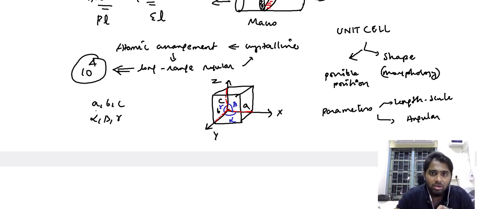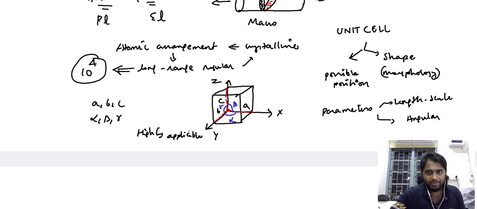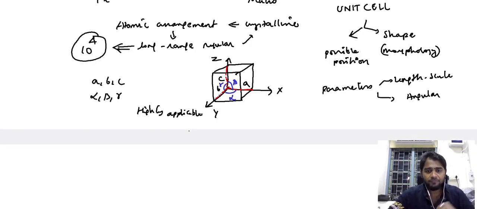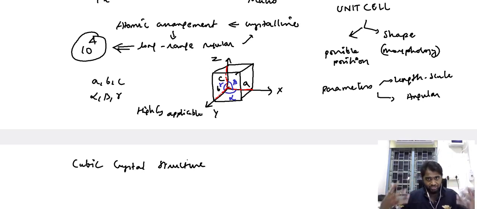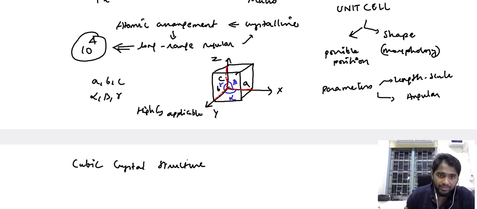But when you consider the metals that are of huge relevance to us, the metals that are highly used in application, highly applicable materials, often they fall under what we refer to as the cubic crystal structure. They exhibit a cubic crystal structure. Okay? The metals and alloys that we largely use in application follow cubic crystal structure, and at times they also can be hexagonal. They can exhibit hexagonal close packed crystal structure.